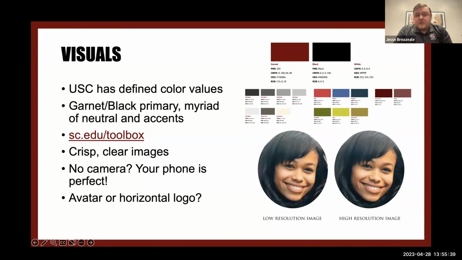Using crisp and clear imagery is something that separates amateurs from professionals: how clear your images are. Where's the focal point of your image? If you see something grainy, it gives off an amateurish vibe, which I know your content isn't. So one of the best ways is to make sure your images are sharp and clear. The phones and cameras you have are like 10 times more powerful than they were 5 years ago.